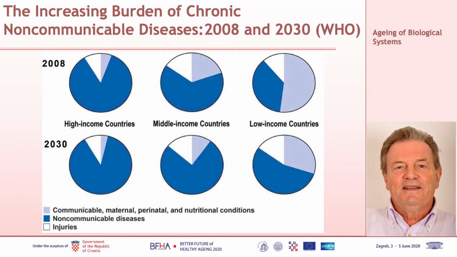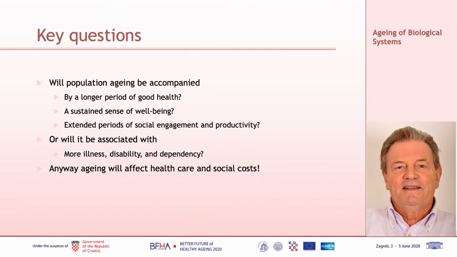The increasing burden of chronic non-communicable diseases as projected by WHO for 2030 is that especially in middle and low income countries, there will be an enormous increase from non-communicable diseases. Next slide.